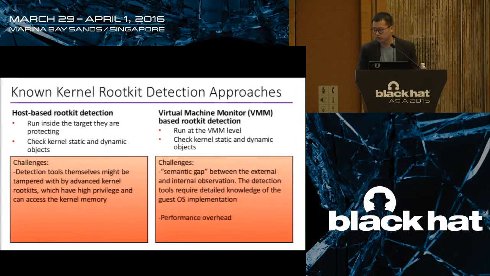One of the biggest challenges is the semantic gap between the external and the internal observation of the guest operating system. What that means is that it requires very detailed knowledge of the guest OS implementation. People have tried to come up with different ideas to bridge the semantic gap, but all of these ideas so far incur a significant performance overhead.